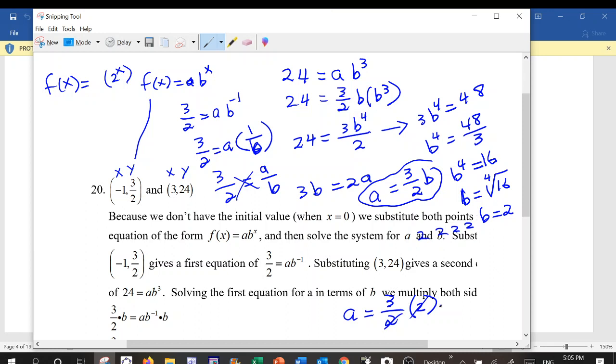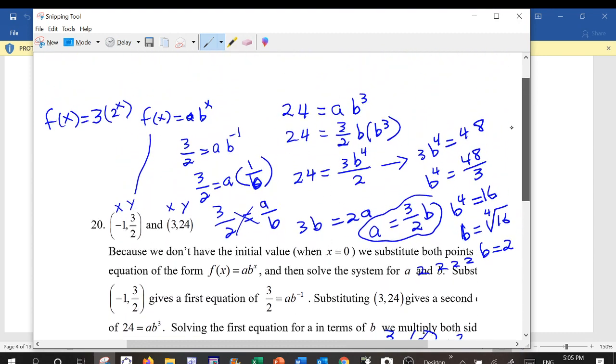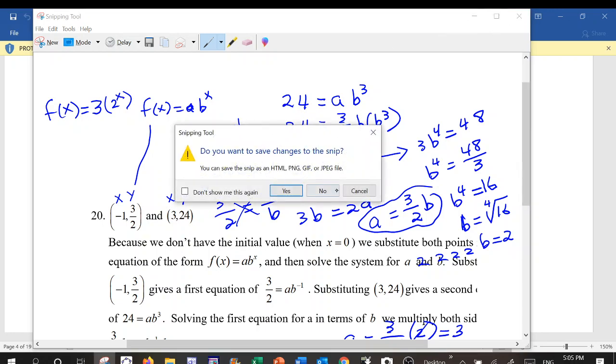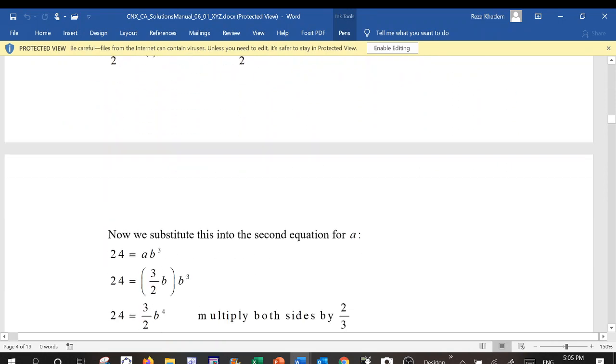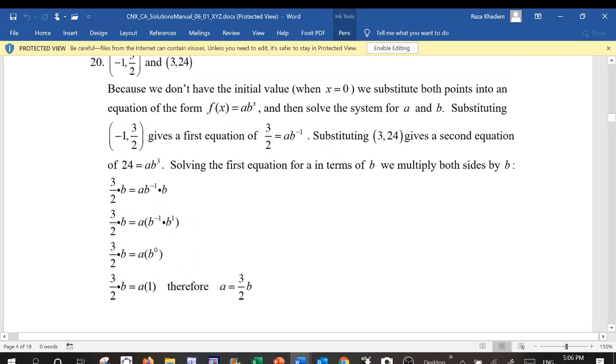The 2 goes away, we get 3. So our a is 3, and we got 3 times 2 to the x. That's the exponential function. Okay, now let's do 2 more.